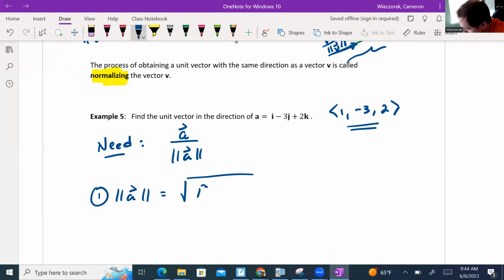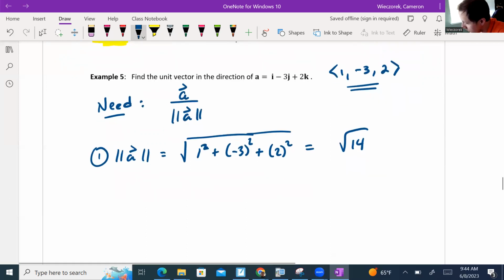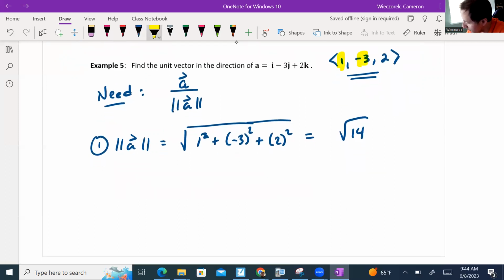So I'm going to take 1 squared plus -3 squared plus 2 squared. 9 plus 4 is 13 plus 1 is 14. So all I'm going to do is take each component and divide it by the square root of 14. So A, and remember, make sure you're putting your arrows above your vectors. That's something you've got to make sure you're including.